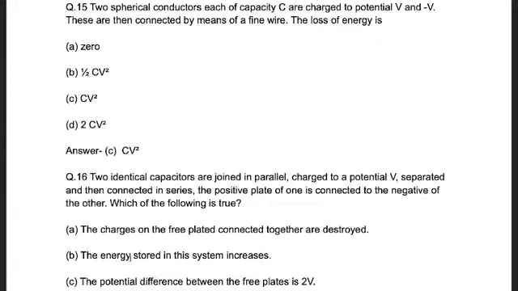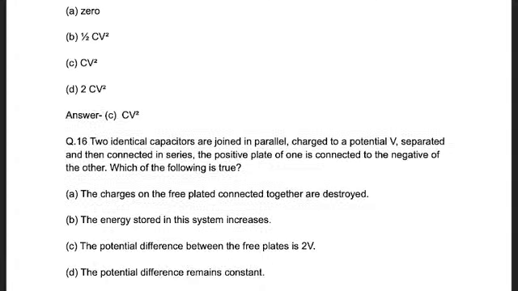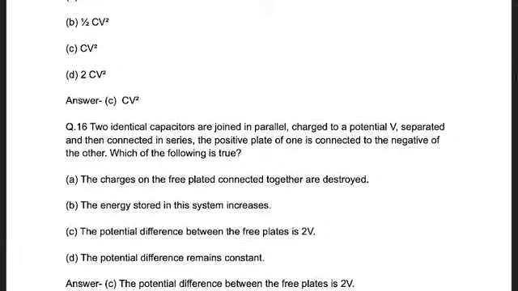B. The energy stored in the system increases. C. The potential difference between the free plates is 2V. D. The potential difference remains constant. Correct. Your answer is C. The potential difference between the free plates is 2V.